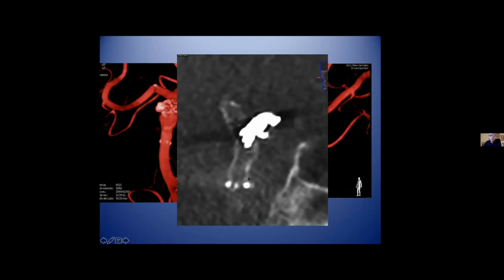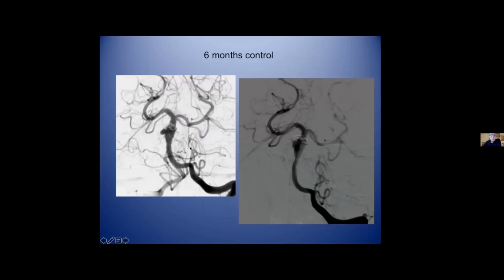Why? Because the stent grew into the wall of the dissected part. This is the recanalization 6 months later, and look, this is the stenosis of the dissection.